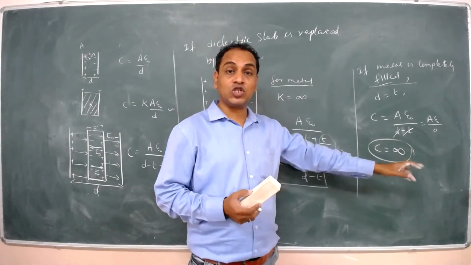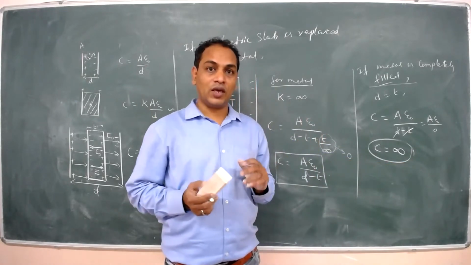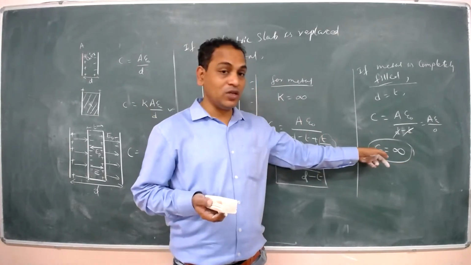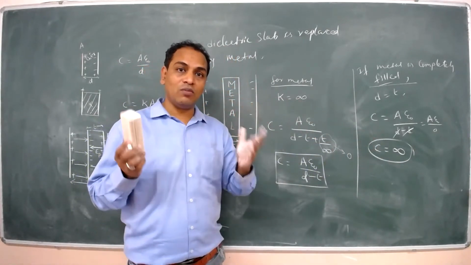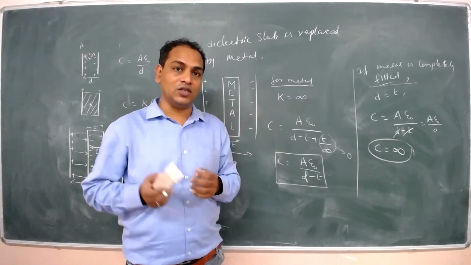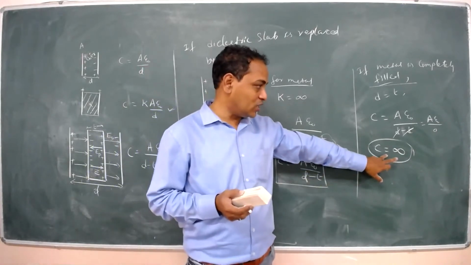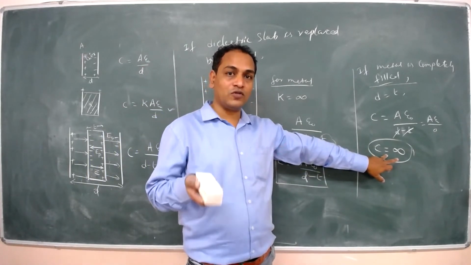That means it can store a large amount of charge on the capacitor, and it can store a large amount of electrical energy. See here, capacitance increases. That means it can store more energy and more amount of charge.